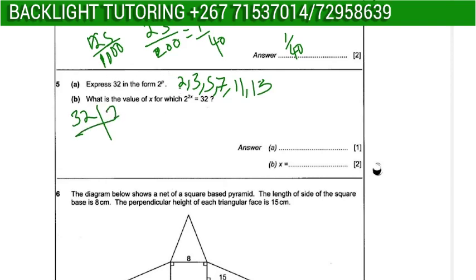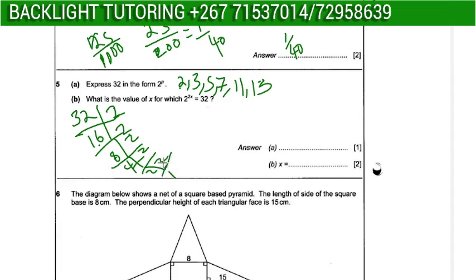So to express 32, you write 32 here, and then you start with the first prime, which is 2. 2 into 32 gives you 16. 2 into 16 again gives you 8. 2 into 8 gives you 4. You go again, gives you 2, 1.